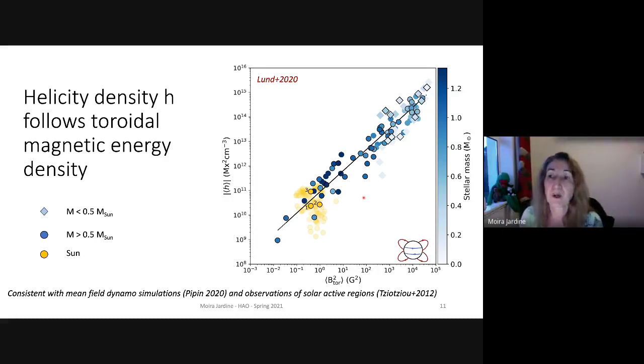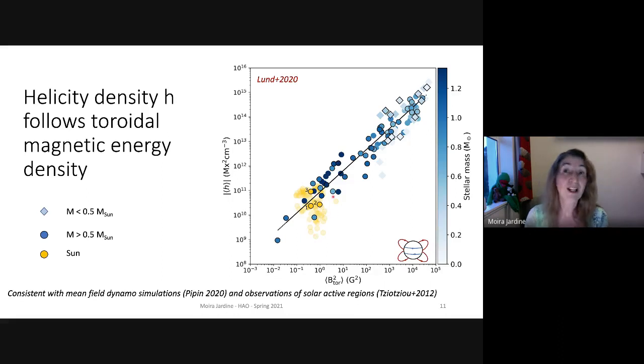In some cases, we have multiple measurements for each star, and those are the very pale symbols. And symbols with a dark line around them are the average of all the measurements we've made. You notice they're colored, and the color denotes the mass of the star. So a very pale color is a low mass. These are all low mass stars, and the darker colors are closer to the mass of the sun.